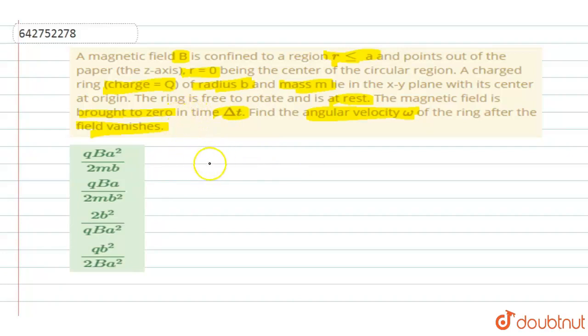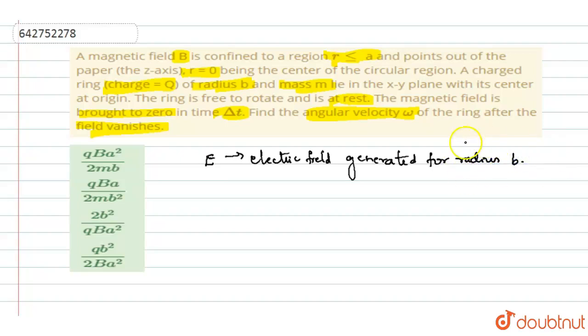Now we will say that let E be the electric field generated around the charged ring of radius b. Then you can say that the EMF is equal to d phi by dt.